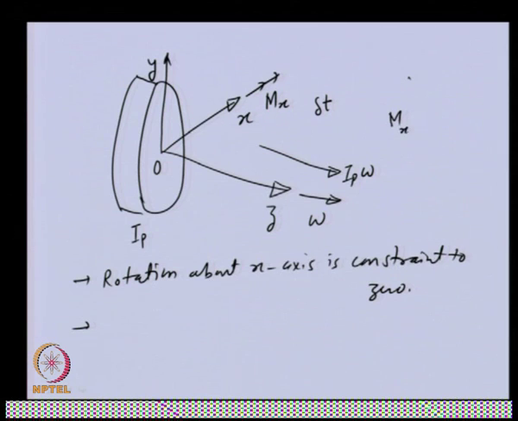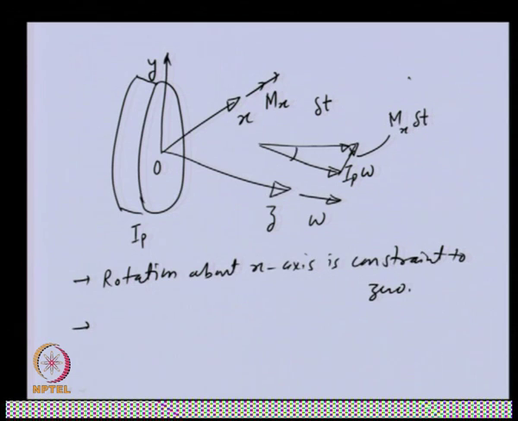Let us say that is this, because this is the change in the angular momentum, and this particular angular momentum direction would be in the direction of the moment applied, that is this direction, which will be along the x axis. So, to close this vector, we have drawn this particular line.